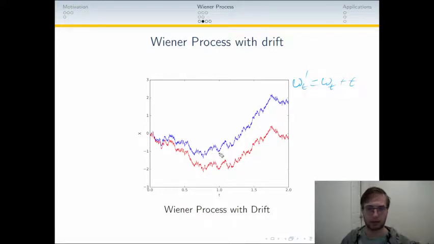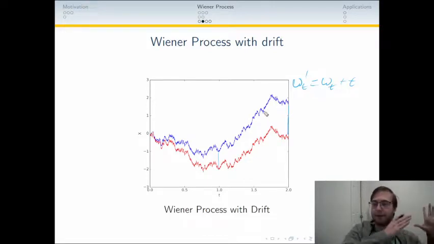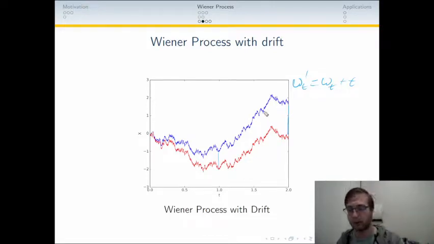And we can see at time 1, there's about a 1 unit distance between these, and at time 2, it's about a 2 unit distance between these. And it'll grow like that as it continues. So it's drifting upwards, which is why it's called a Wiener process with drift.